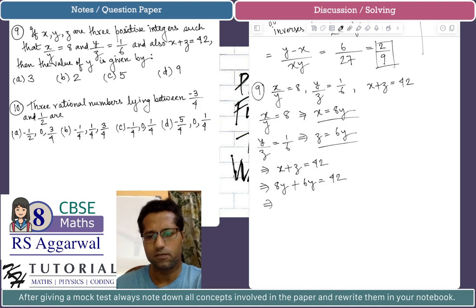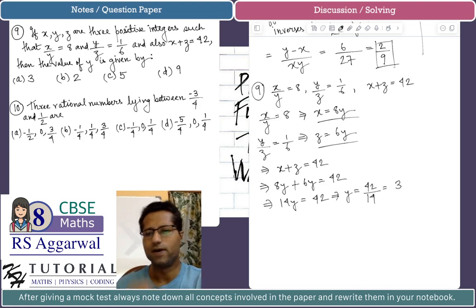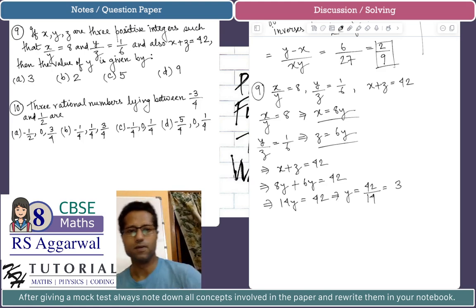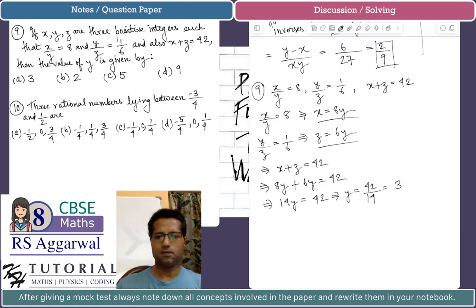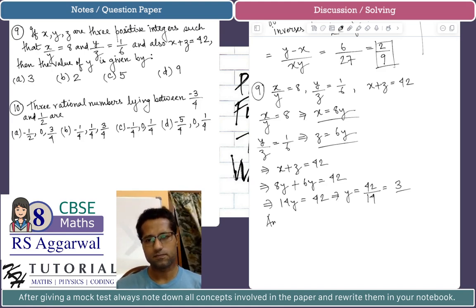This implies 14y is equal to 42, so y is equal to 42 by 14, which is 3. So y equals 3. So 3 is the answer. The correct choice is choice A.